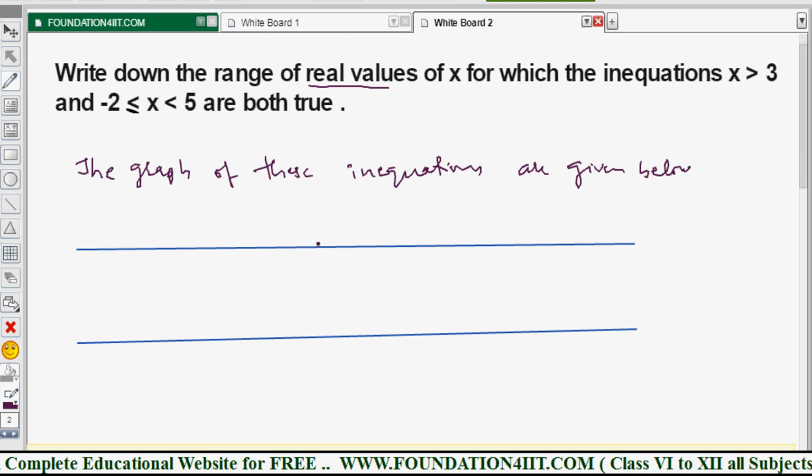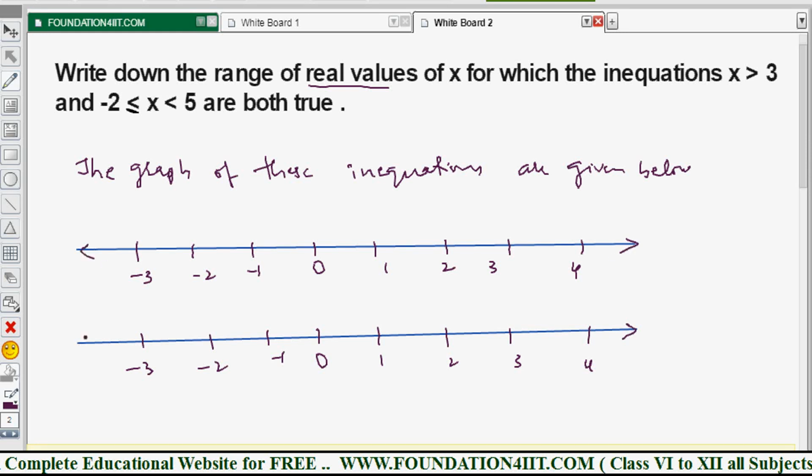And let me take these values as 0, 1, 2, 3, 4. Same as you can take in both cases. This is also up to minus 1, minus 2, minus 3. Same till minus 1, minus 2, minus 3. This is 1, 2, 3, 4, and so on.